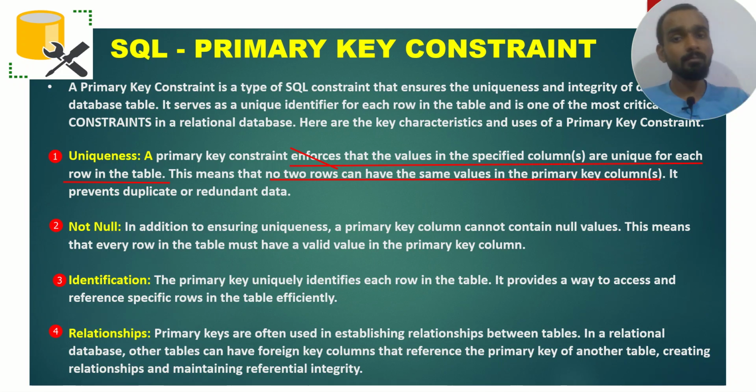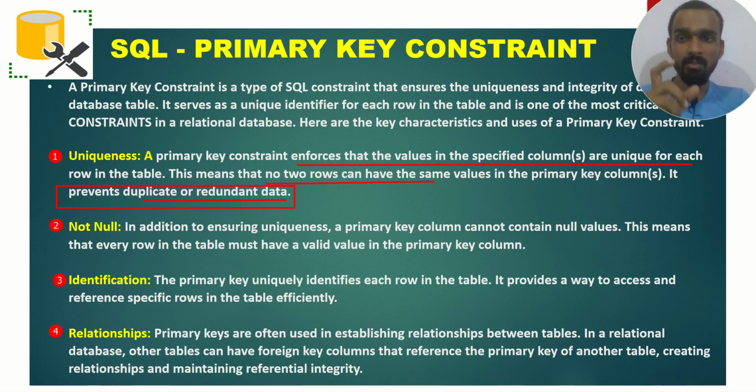It will give an error for primary key violation, and it will put a constraint on that particular column. I hope till now you are clear. And it also prevents duplicacy in the data.